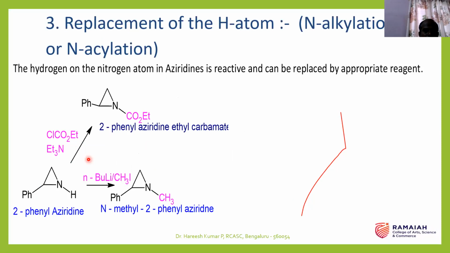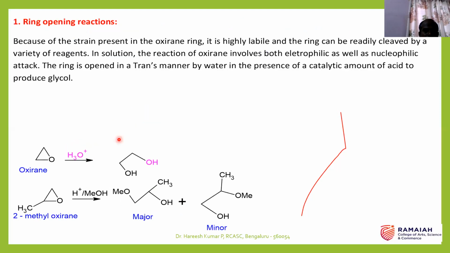With respect to oxirane, oxygen-containing three-membered rings are called oxiranes. Similar to aziridine, these also exhibit ring opening reactions. It can act as a source of electrophile, and may be symmetrical or unsymmetrical. In the case of an unsymmetrical one, it is possible to get one major product and one minor product.